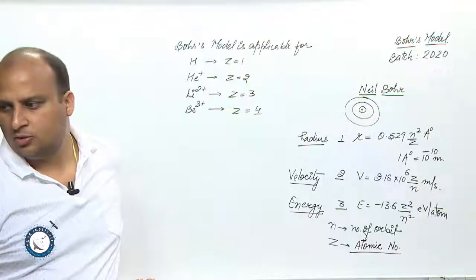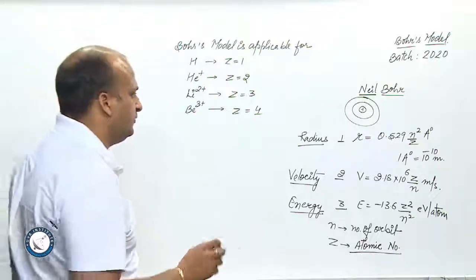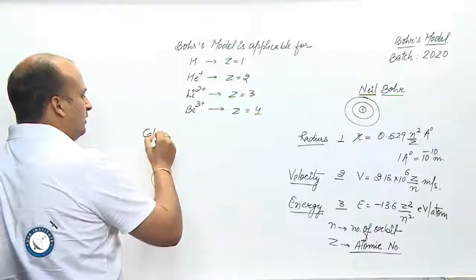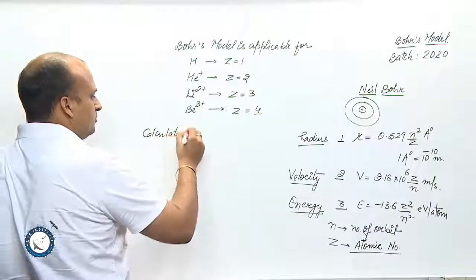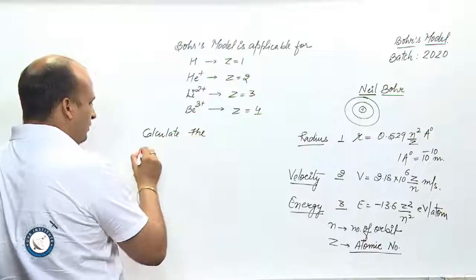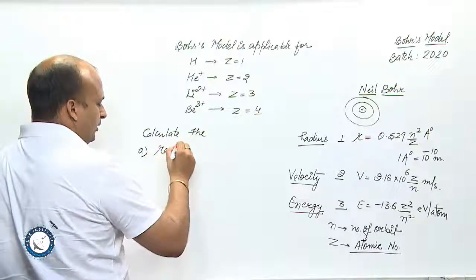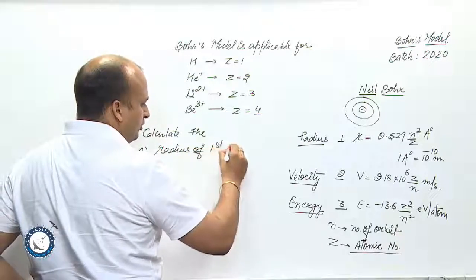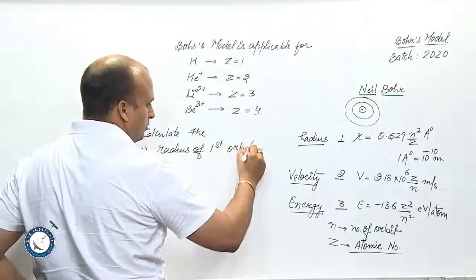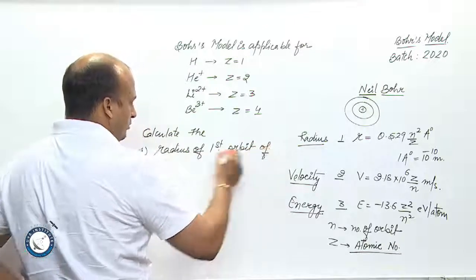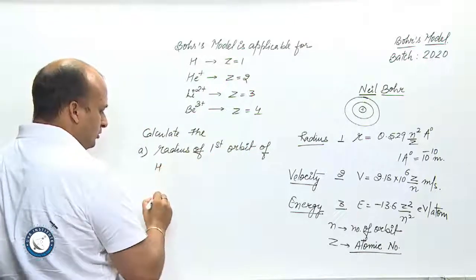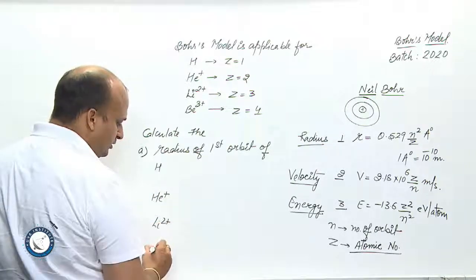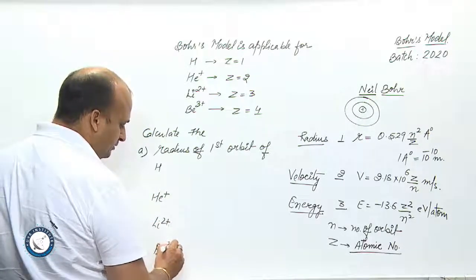Okay. Now, to understand this model better, first we will do some calculations. Calculate, part A, radius of first orbit of hydrogen, He plus, Li2 plus and Be3 plus.